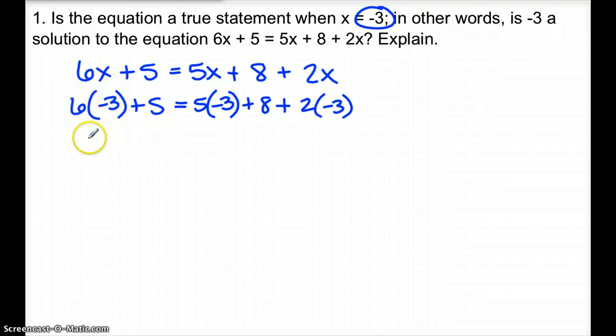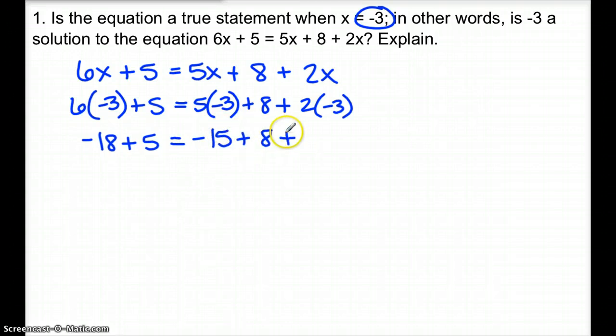Well, 6 times -3 is -18 plus 5, equals 5 times -3 is -15 plus 8 plus 2 times -3 is -6.